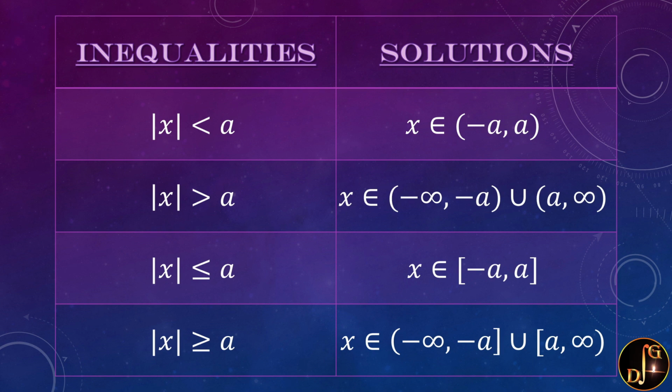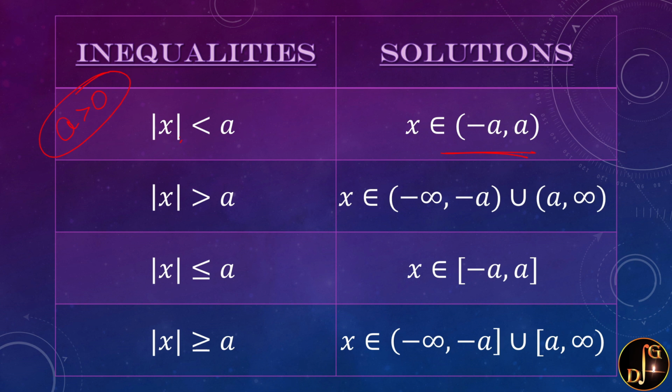Next, let us consider only one variable. That is, if we have mod x less than a, then x belongs to the open interval minus a comma plus a, because we know that the modulus always gives positive values. And one more thing, remember, we are taking a as a positive quantity.